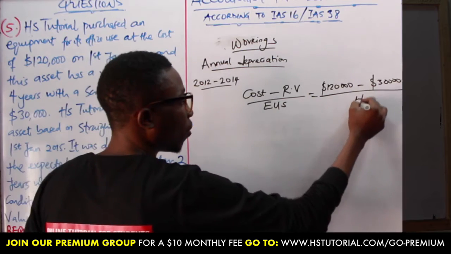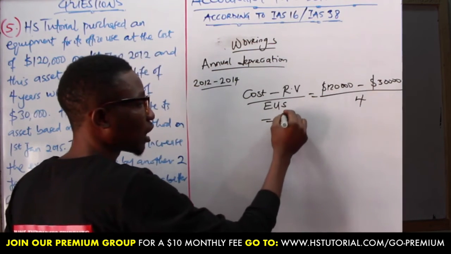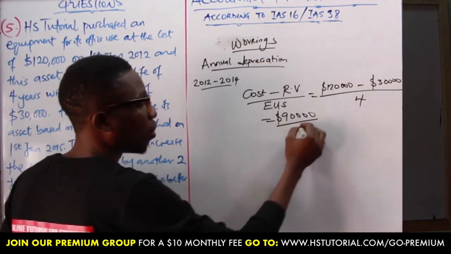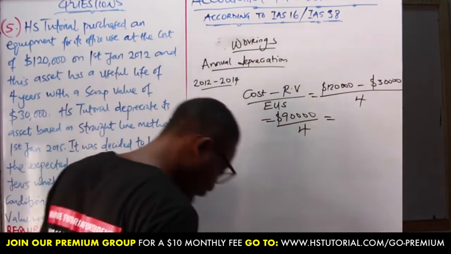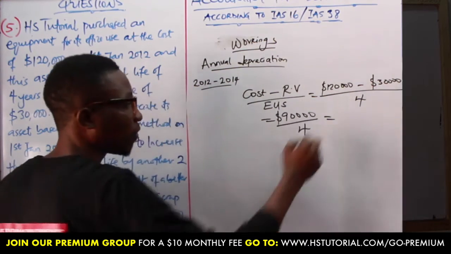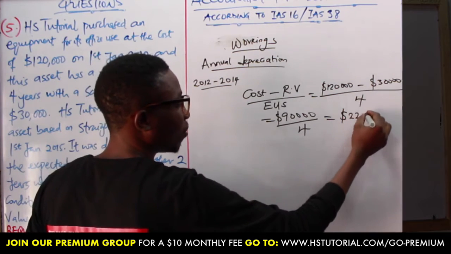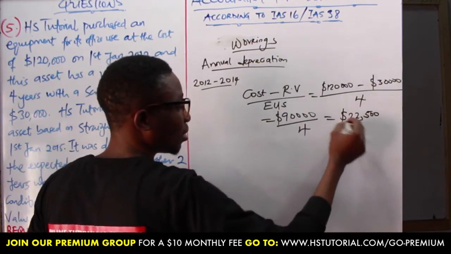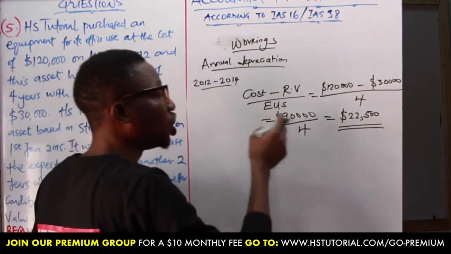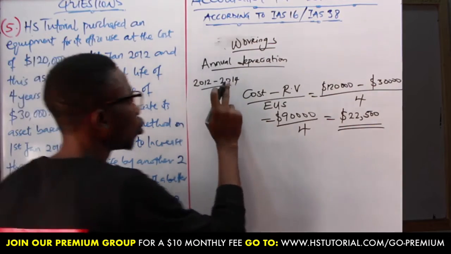So this will give you $90,000 all over 4. So what do you have at the end of that? You have 22,500 naira yearly. So that will be your depreciation for each of the first 3 years, from 2012 to 2014.